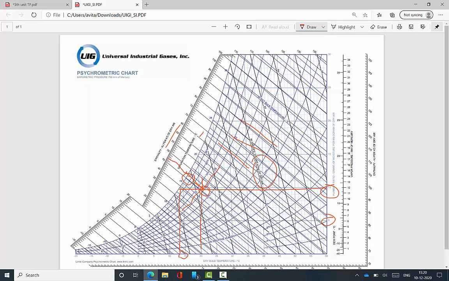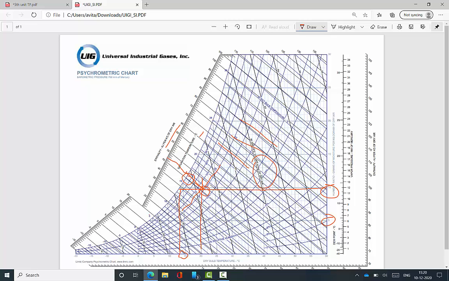The first and second examples are the same, but the input data are different. In the first example, dry bulb temperature and wet bulb temperature are given, but in the second example, dry bulb temperature and relative humidity are given. With the help of these two values, I can find the location, and from that location I draw other lines, which show the unknown values.